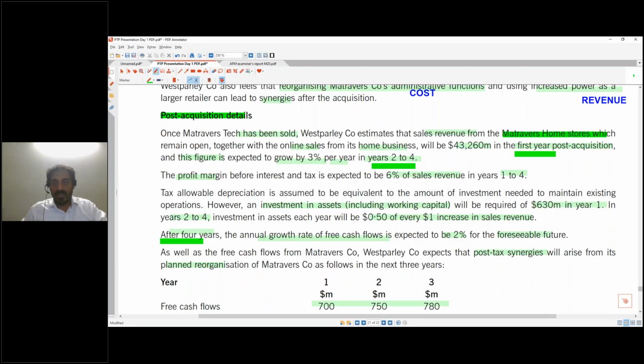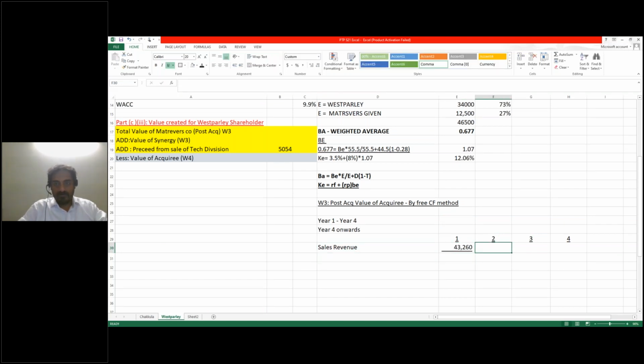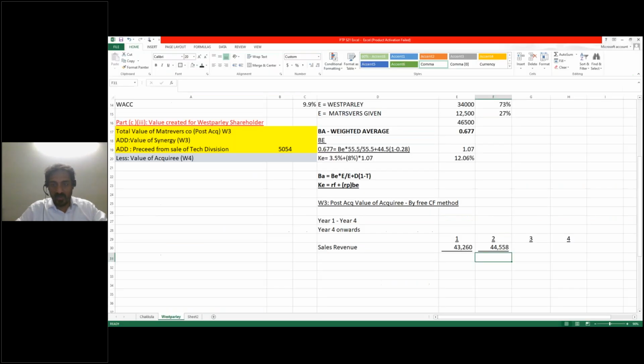It's a value of only the home stores. Number 1, sales revenue. And what about the sales revenue? That is 43260. It's given. Is equal to E30 multiplied by 1.0344. That's simple values.